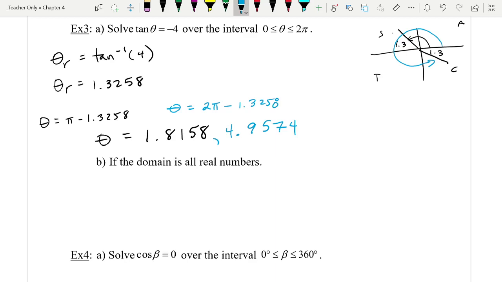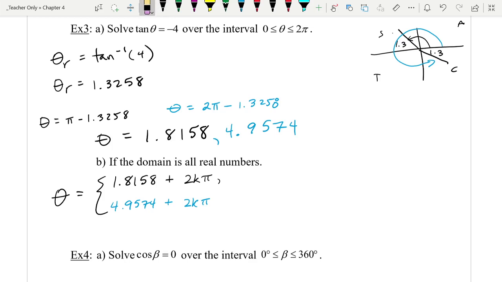Now, if the domain is all real numbers, I would say that theta equals, and again, I'll use set notation here, my first answer plus spin around as many times as you like, and my second answer and spin around as many times as you like.